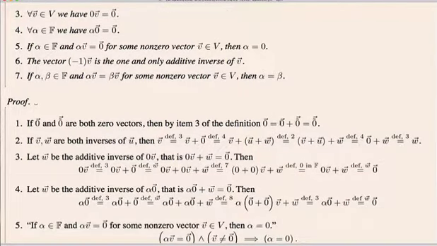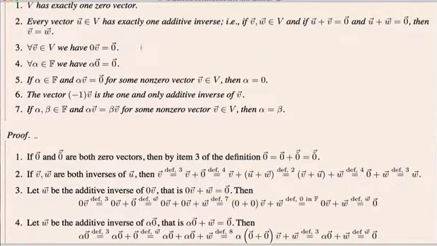So the trick is that if you start with the zero vector, we can add to it the 0 tilde vector, and it's the same because 0 tilde is a zero vector. But then the zero vector is also a zero vector, so it doesn't change the 0 tilde. So that equals 0 tilde, and comparing the beginning and the end of this equation, we get that the two zero vectors must be the same.